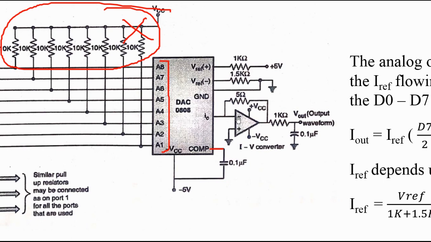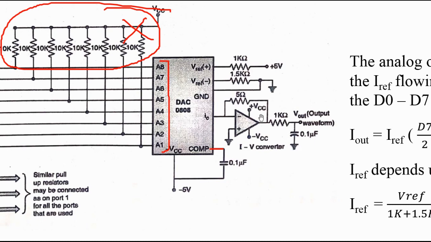Just like every IC, we require a power supply. Here this IC will also require a power supply, plus VCC and minus VCC. Then at the output we have connected one more resistor of 1 kilo ohm and one more capacitor of 0.1 microfarad.